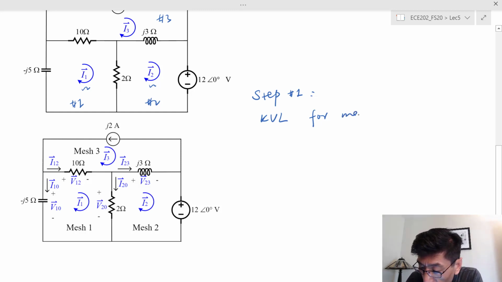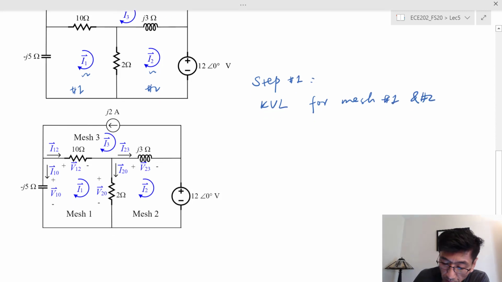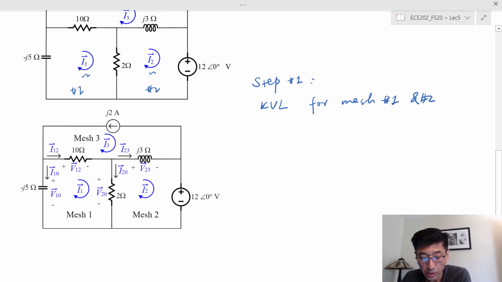For mesh number 1 and mesh number 2, I already labeled the voltage elements, and you could label any way you want. Okay, it doesn't really matter because they will be replaced, right? So they will disappear from the final equation. The way I label here, I just chose a way to label.